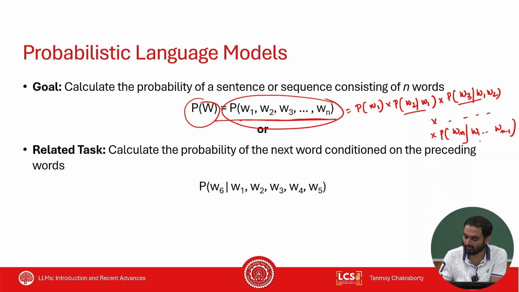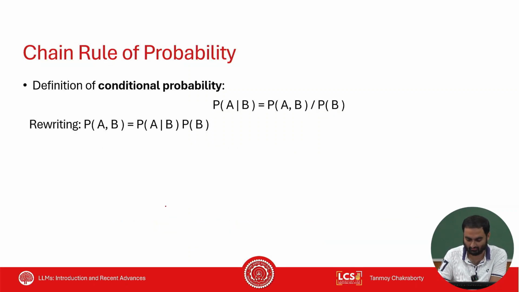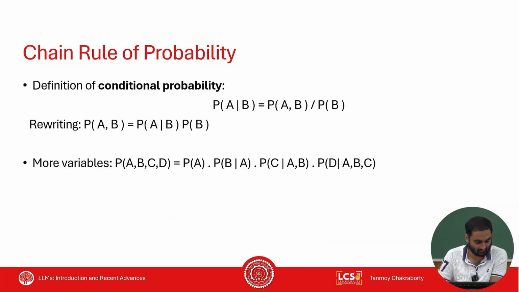So these are all conditional probabilities, and these probabilities are conditioned on the context. The first component is conditioned on a unigram w1, this is conditioned on a bigram, and this is conditioned on an n minus 1 gram. So this is an example. The monsoon season has begun, so you can essentially compute it using the chain rule. This is the chain rule I already mentioned.